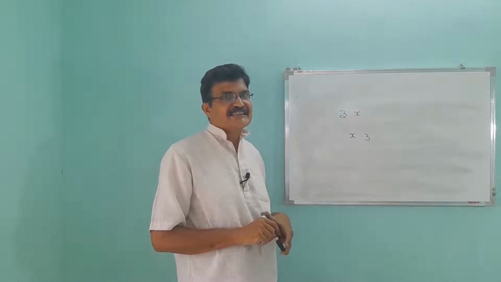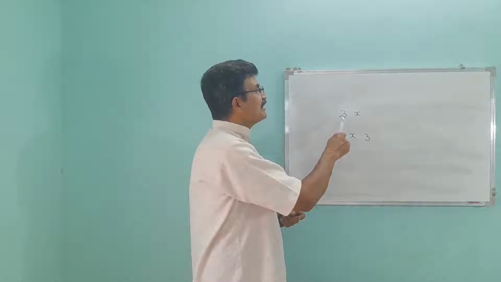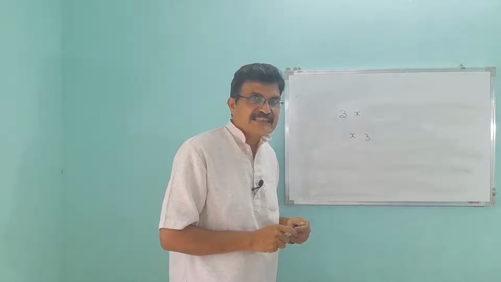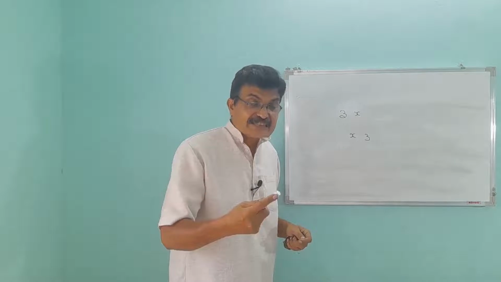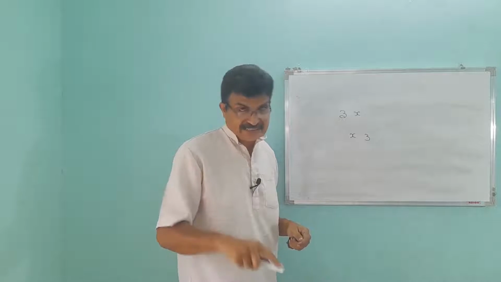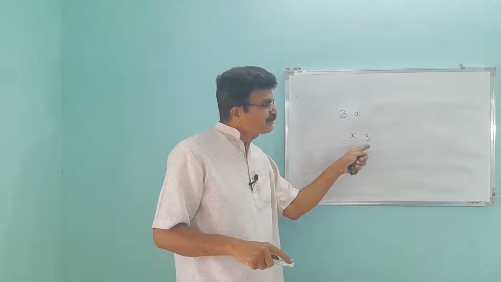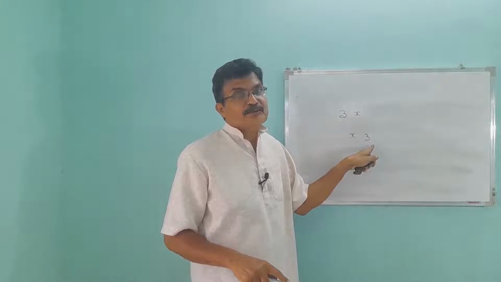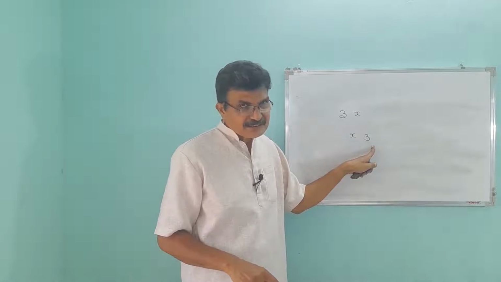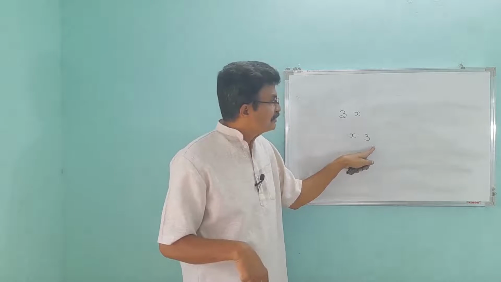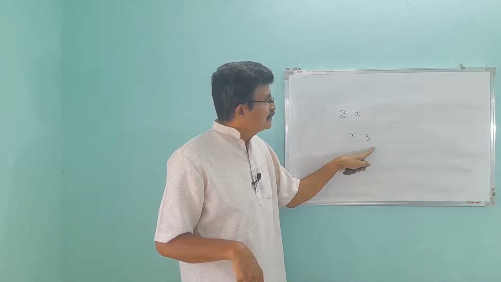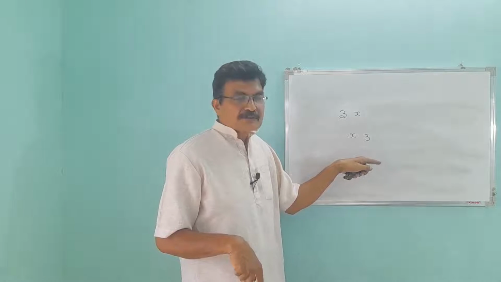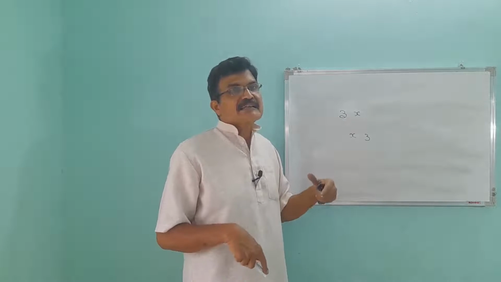The answer is, what's the meaning of this one? 3 into x, 3 times the value of the variable x. What is the meaning of this one? x times the value of 3. Am I right? So what's the implied meaning here?